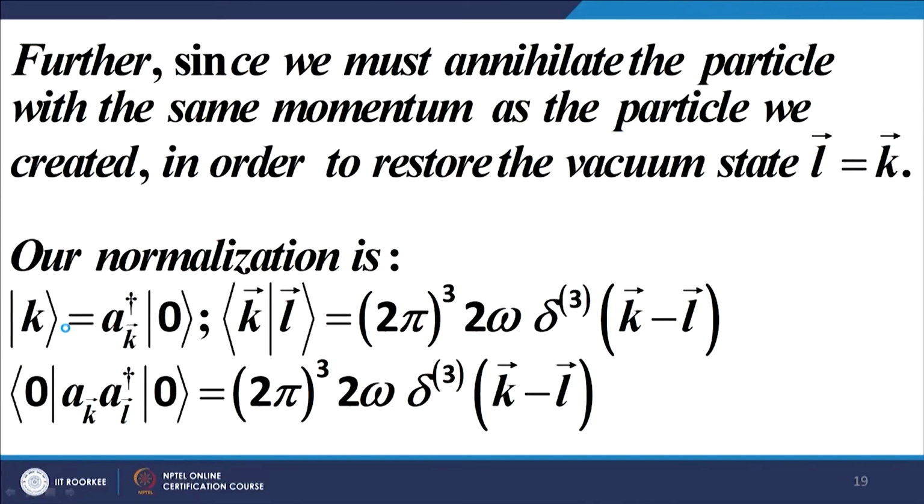That means both the particles must be of the same momentum. That leads us to the normalization conditions which are given in the last two equations of the slide for the creation and annihilation operators, the states and the quantum states labeled by k and l.